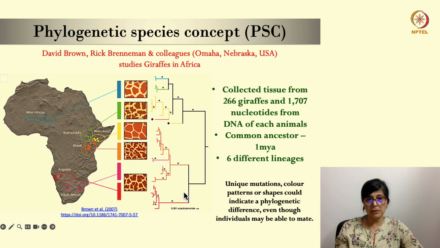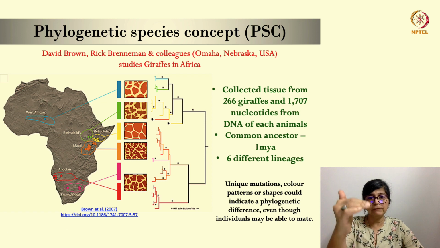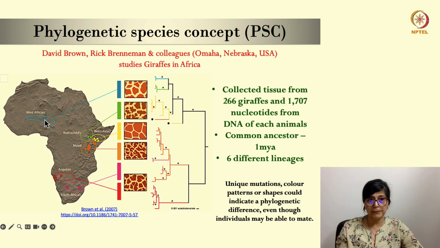This map actually emphasizes that. You can see the patterns, as we saw in the previous figure, are very, very different from each other, right? This one is distinctly from West Africa. This is the Rothschild giraffe, which is very beautifully striped.